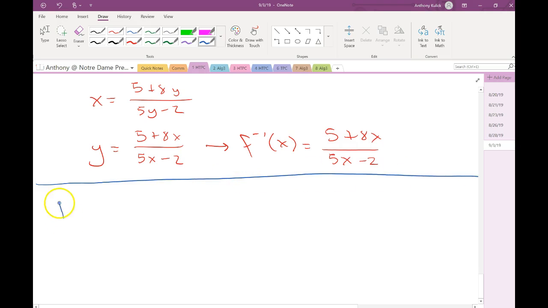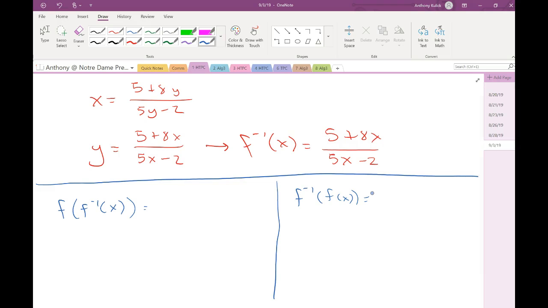Okay. So I'm going to do both of the compositions here at the same time, basically. Is everybody okay with that?